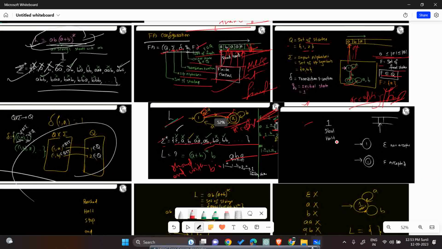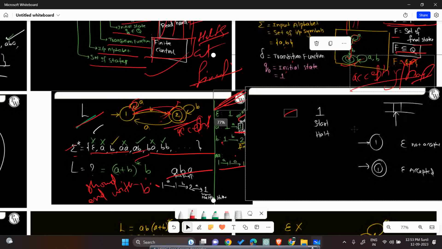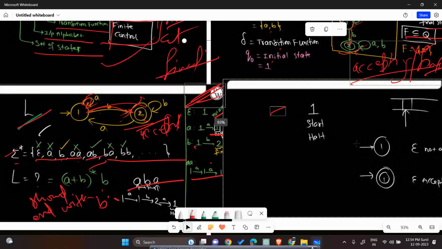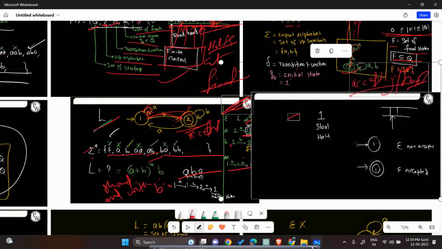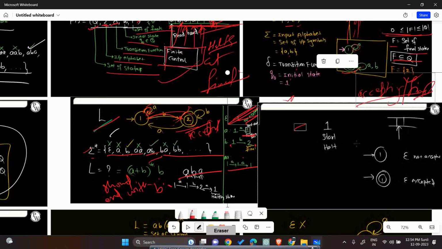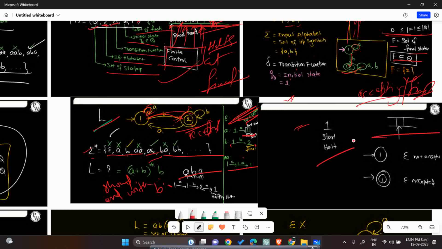So what we are seeing is that when the start state is final, it will accept epsilon.